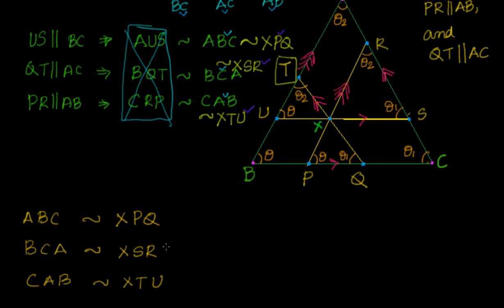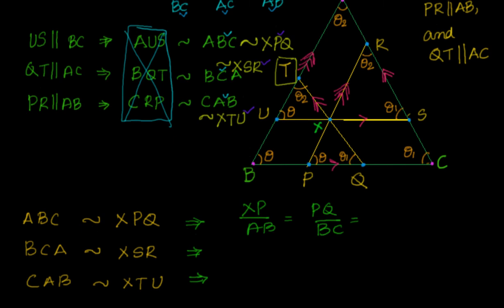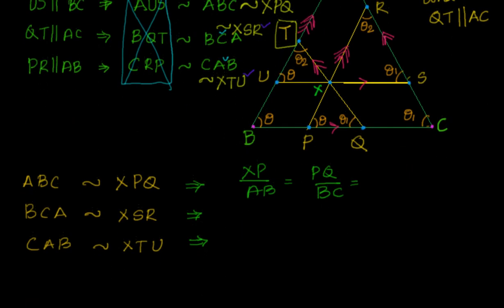So once you know these triangles are similar, we know that the sides should be in proportion. So let's put them in proportion and see what it becomes now. If I start from here, can I say XB by AB is equal to PQ by BC? Seems to be interesting. That is what I want. PQ by BC. Very good. Equal to QX by CA.